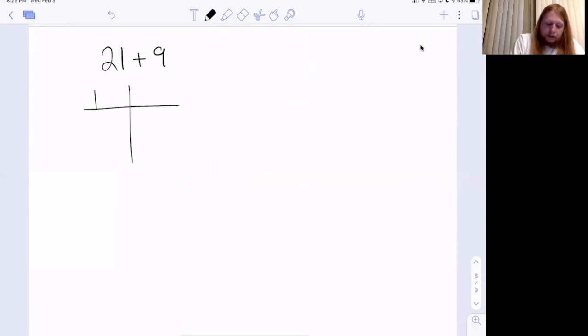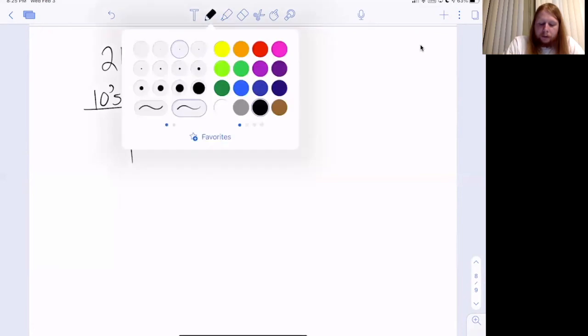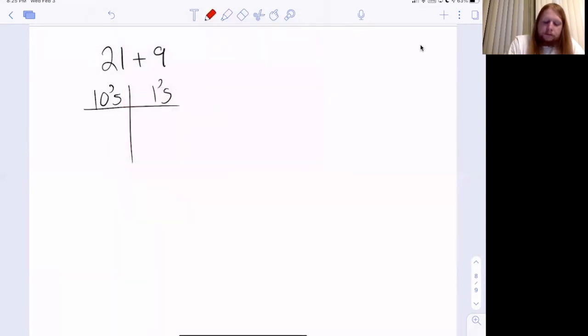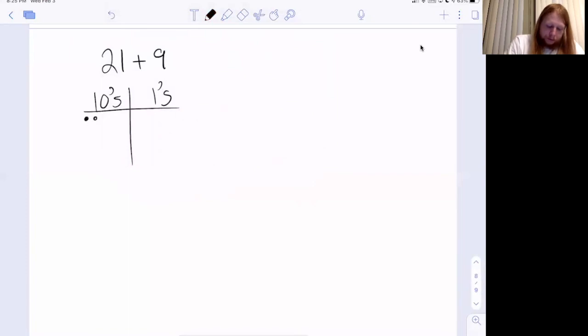I'm going to draw my tens column and my ones column. So how many tens are in 21? 2. 1, 2. And how many ones are in 21? 1. So we're going to count 1.